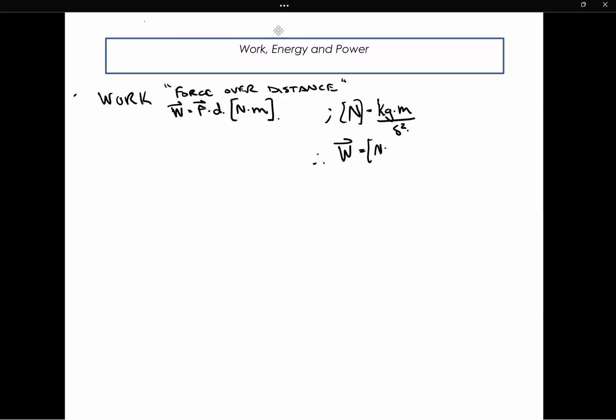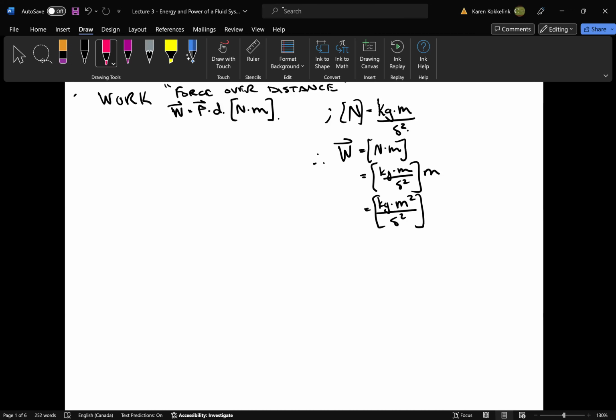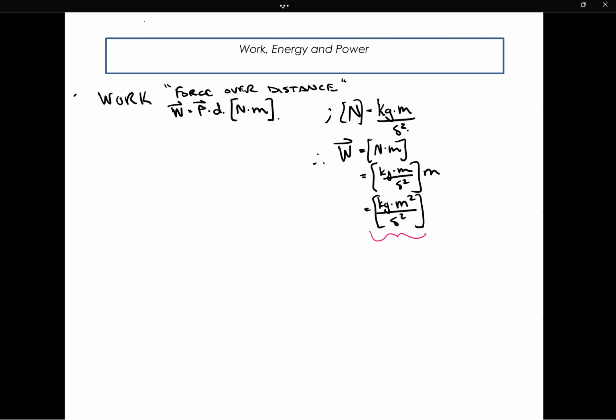That would be a kilogram meter per second squared times a distance of a meter, giving us kilogram meter squared per second squared. And we might recognize this, and this is the unit for a joule.